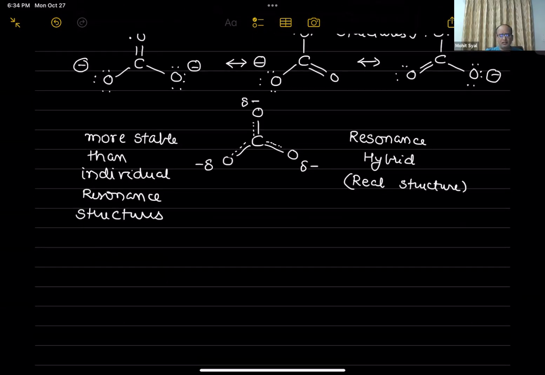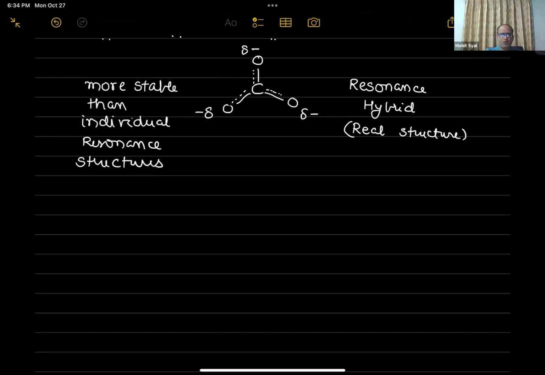Let me take another, very famous example of organic chemistry. But it is not a phenomenon related only to organic; it is throughout chemistry.